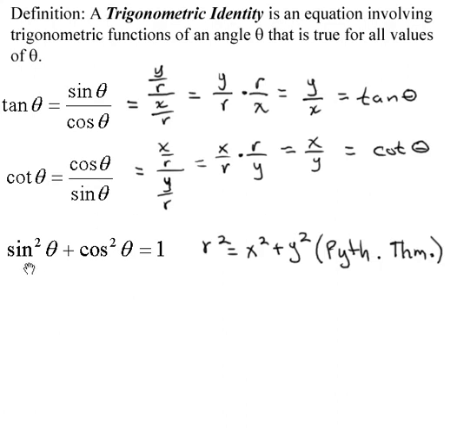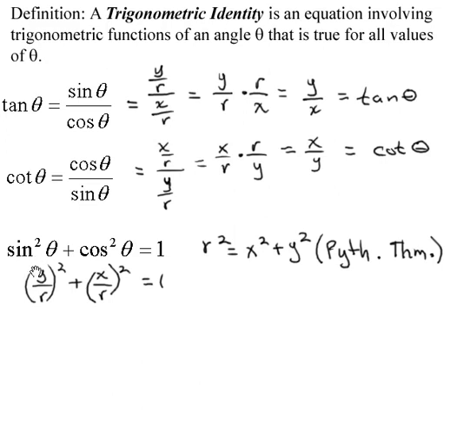Well, let's look at the Pythagorean theorem here for sine squared plus cosine squared equals 1. We have in our right triangle r, the hypotenuse squared, is equal to the other two sides of the triangle, the x component side squared plus the y component side squared. And what we're going to do is to substitute in our definitions.